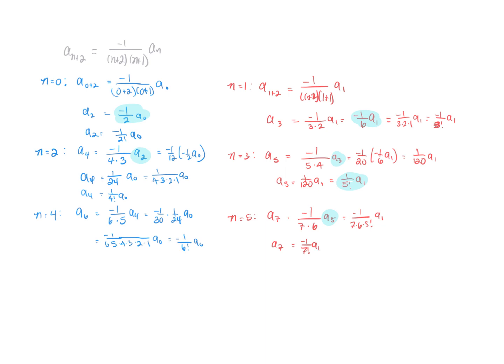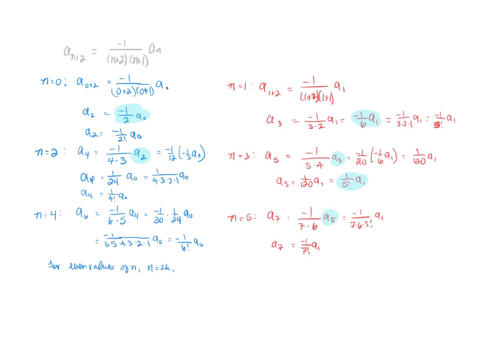So something really interesting happens when we have even values of n. So for even values of n, by the way, we will usually say that n equals 2k.